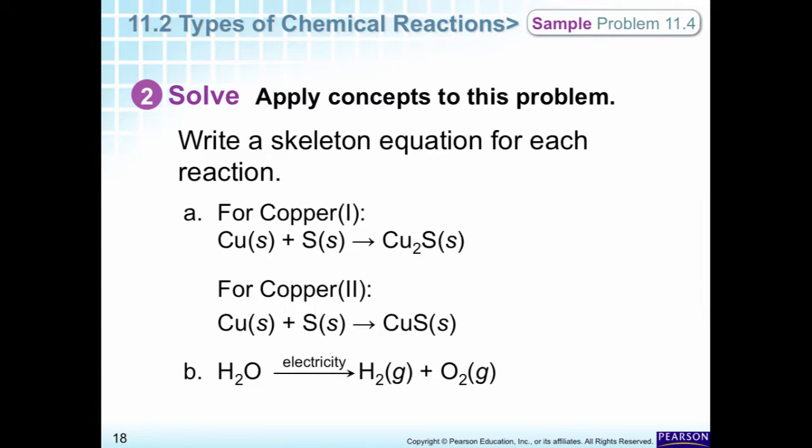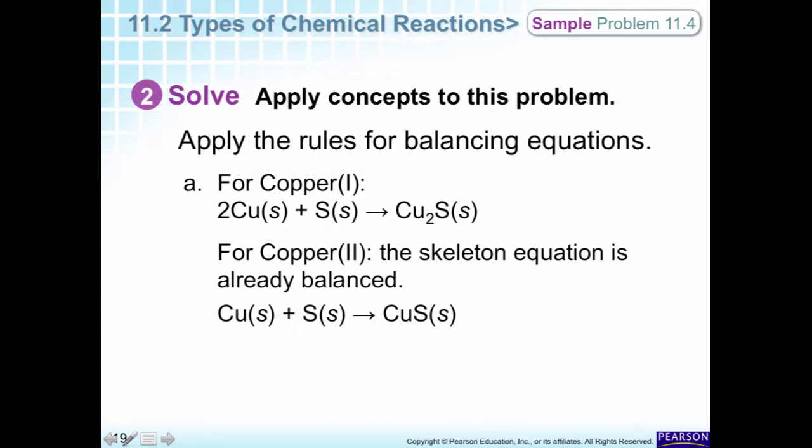So if we're going to write the balanced equation, we would write copper and sulfur, and in one case we're making Cu2S, in one case we're making CuS. This one is balanced, this one is not, so we would have to balance that one. Water making H2 and O2, again not balanced. So these are all skeleton equations. This one happens to be balanced.